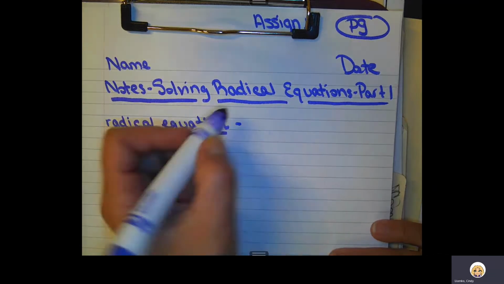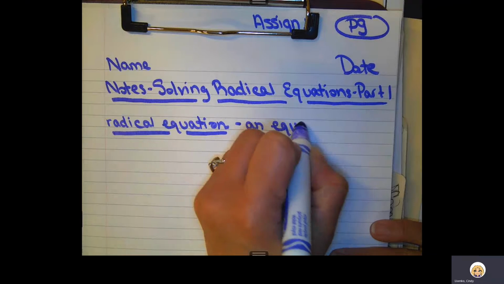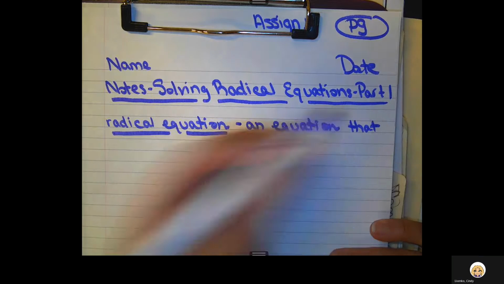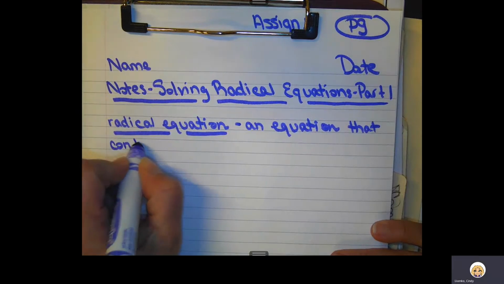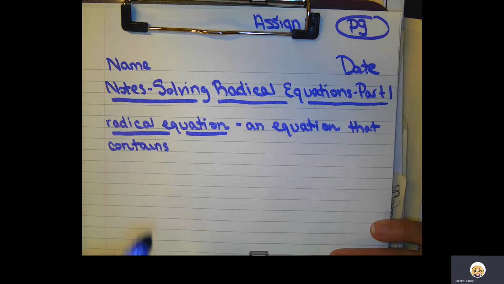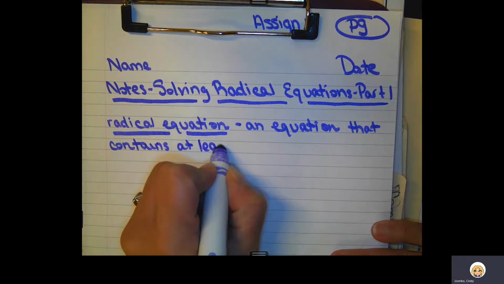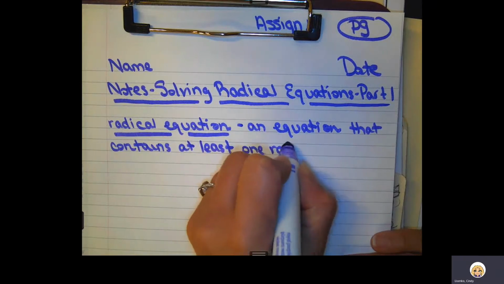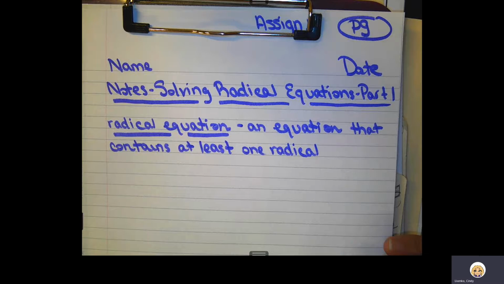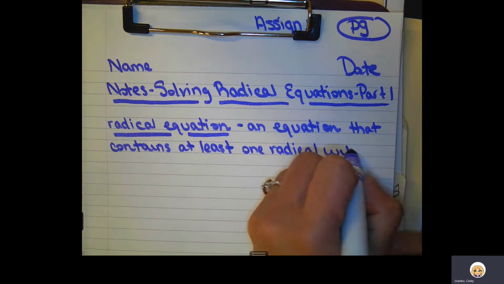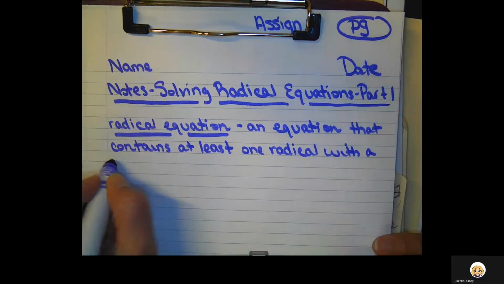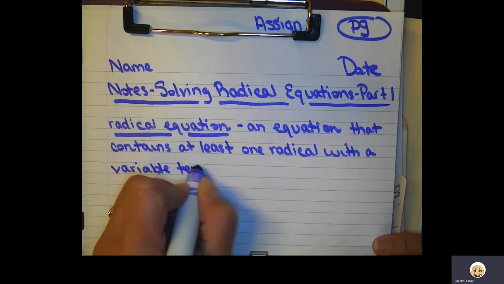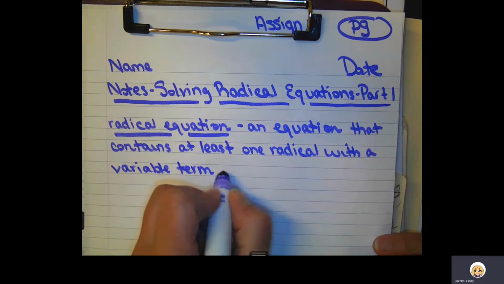And that means an equation that contains at least one radical, with a variable term, in the radicand.